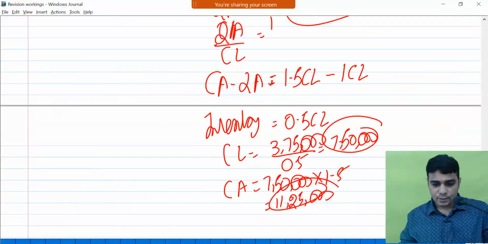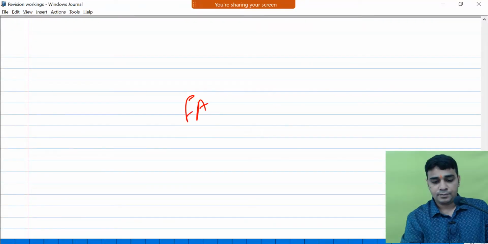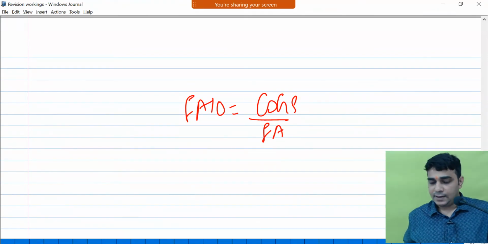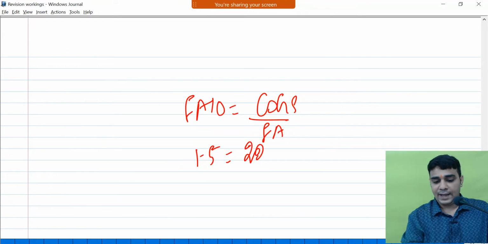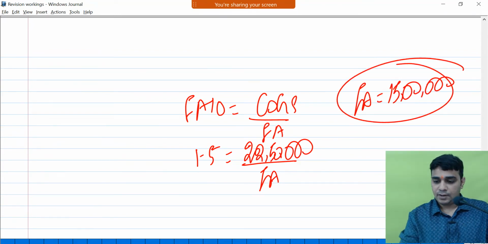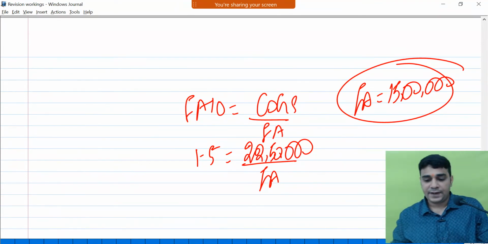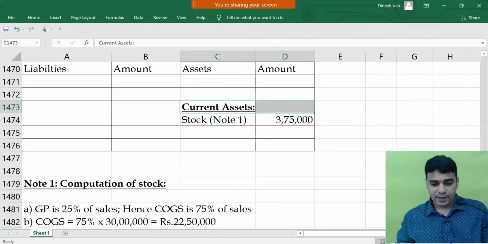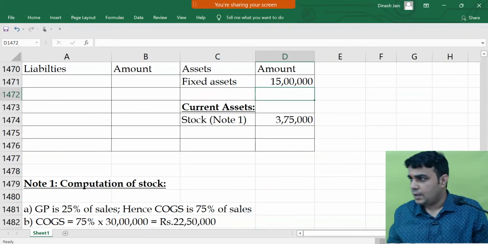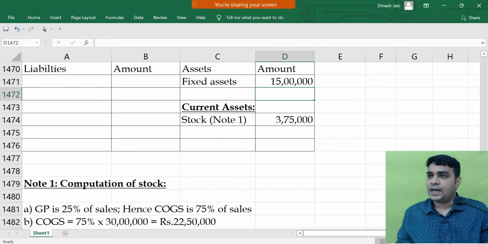My fixed asset turnover ratio is COGS by fixed assets, which in this case is 1.5, so 22,50,000 by fixed assets, and fixed assets will turn out to be 15 lakh. That is 22,50,000 divided by 1.5. So we are getting closer to completing this. Fixed assets is 15 lakh. I know the current asset total. Technically, I know the asset side fully now, unless there is an investment balancing figure.